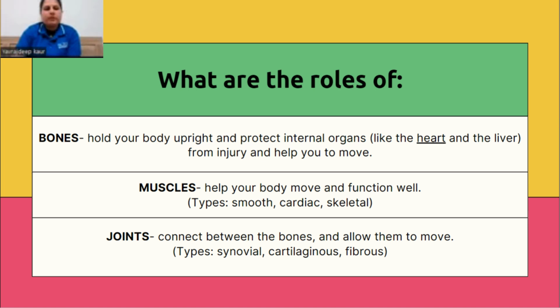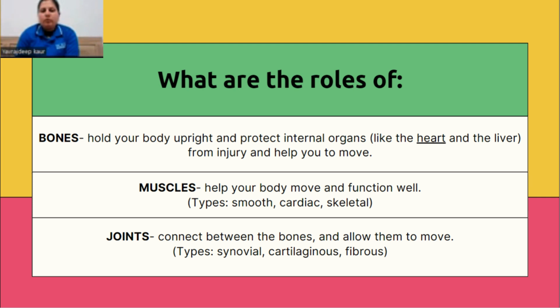So here I'm going to present about the roles of bones, muscles, and joints. Bones: basically, the human body moves because bones collectively work with the muscles and joints, and they hold our body. The bones also protect the internal organs like the heart, liver, or lungs from injury.